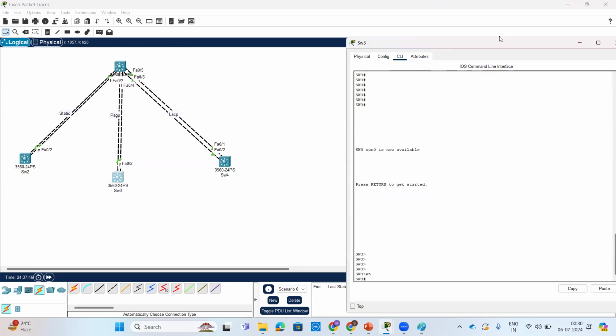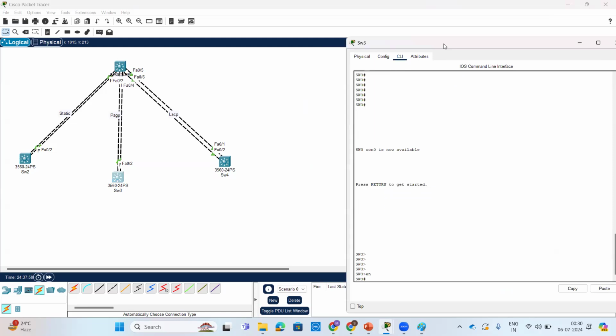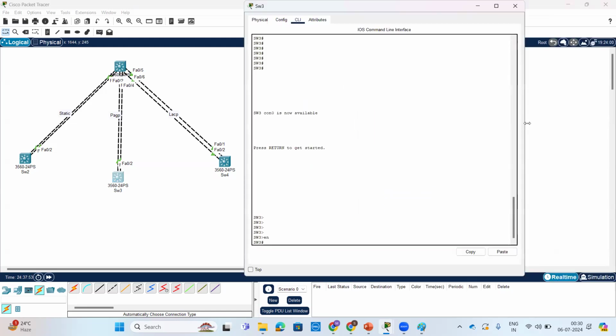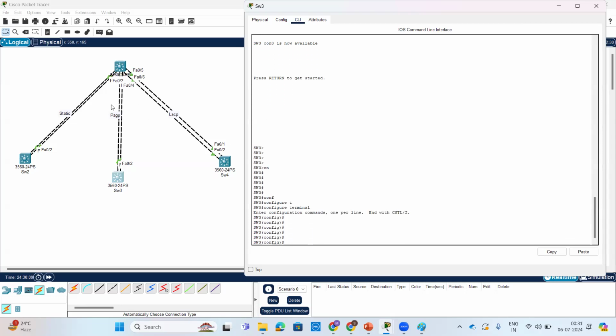See, if you want to enable port channel, there are two types: one is static, one is dynamic. Statically, just use the command configure terminal. Move to global configuration, then move to the interface level.